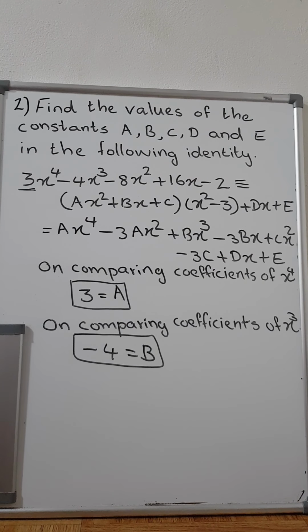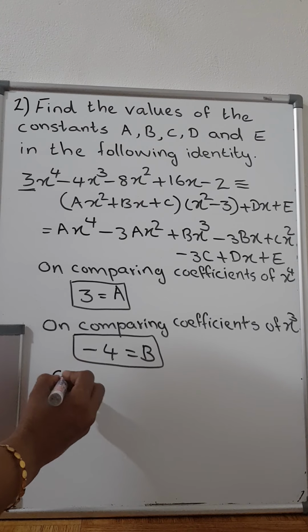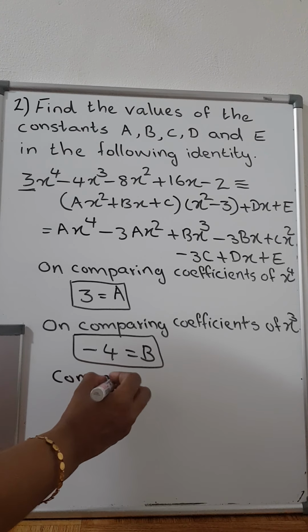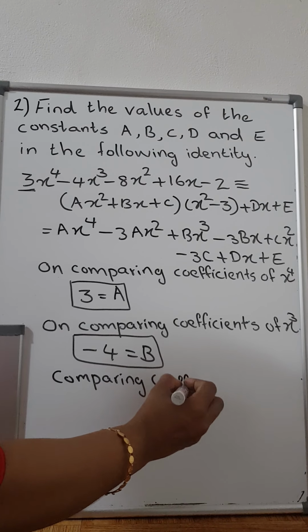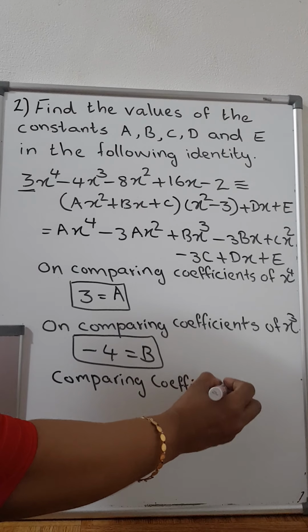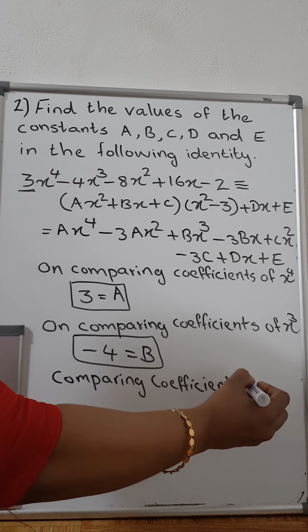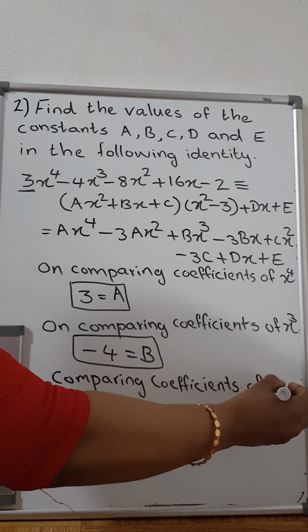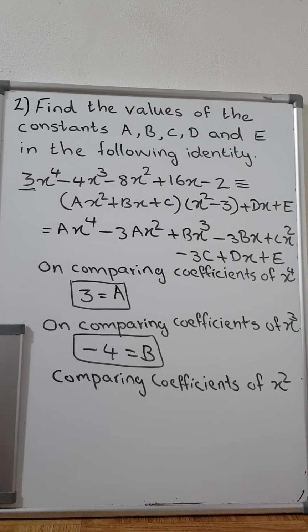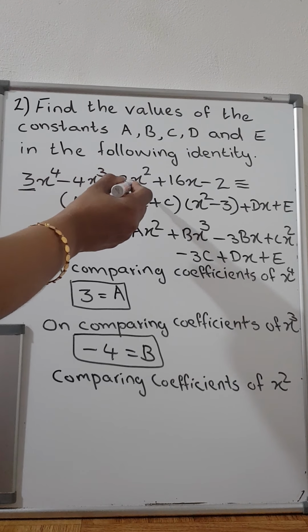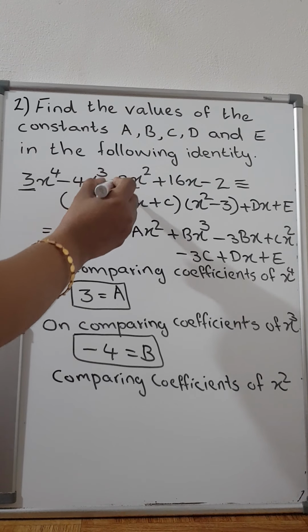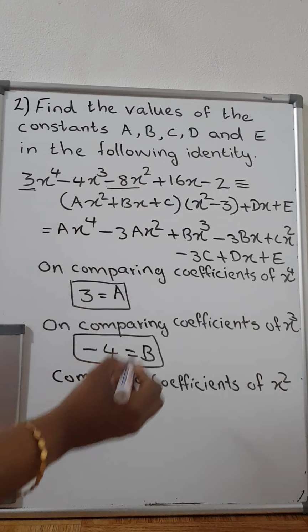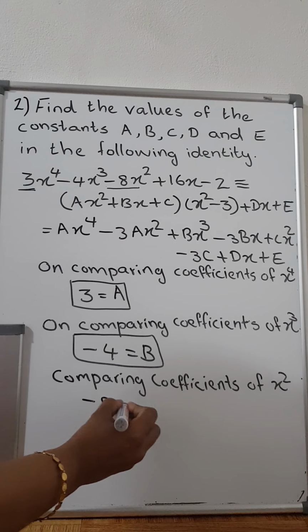Now we will compare the coefficients of x square. On the left hand side, the coefficient of x square is minus 8.